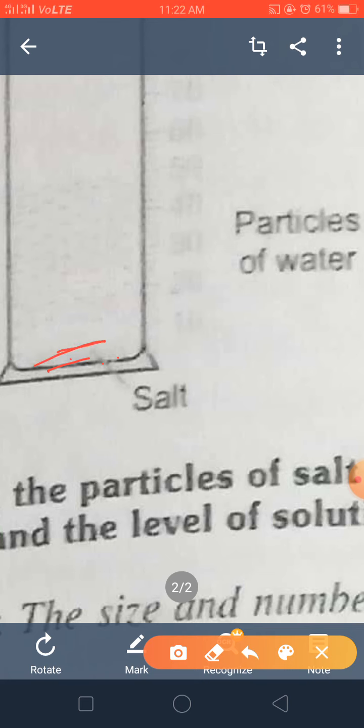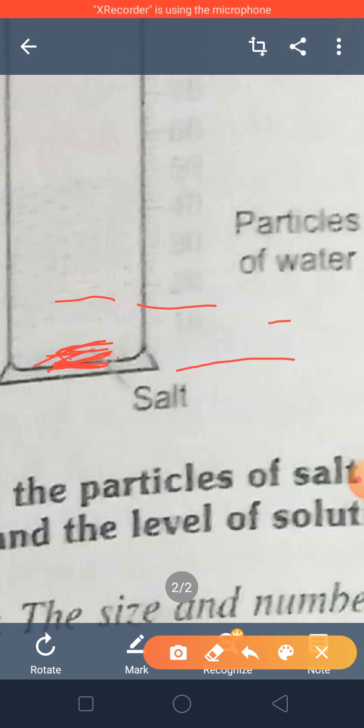Due to this accumulation of salt, the level of the water may go, and certainly it should go, above 50 ml until the salt dissolves.